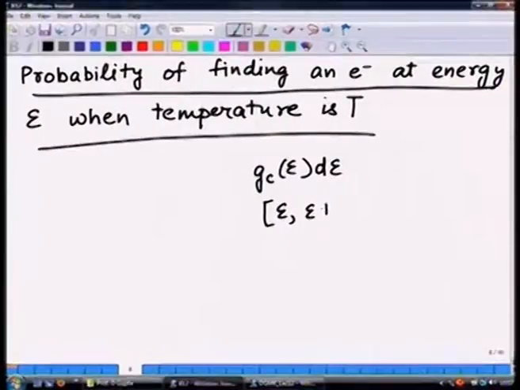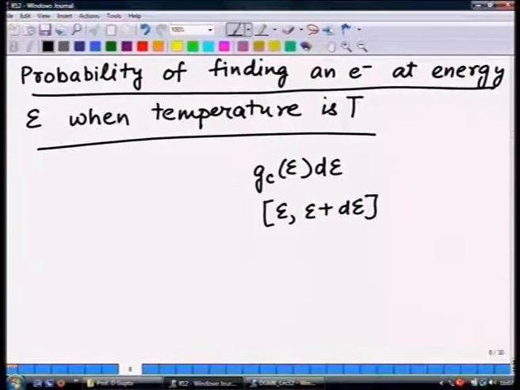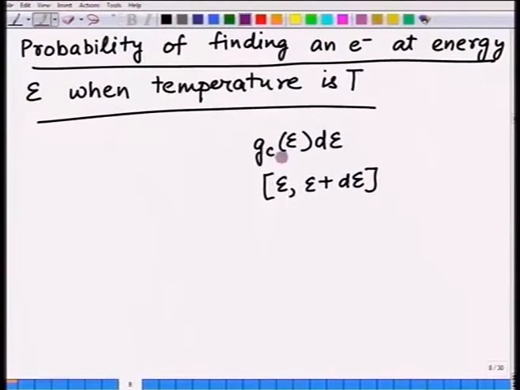Between E and E plus dE, if I want to know how many electrons are there, then I know that this is the number of electron states. This many electrons could be there, maximum. That's the number of electrons that could be there in this energy range. And if I therefore multiply this by the probability of finding an electron at this energy E, then I would get the actual number of electrons in the same energy states.